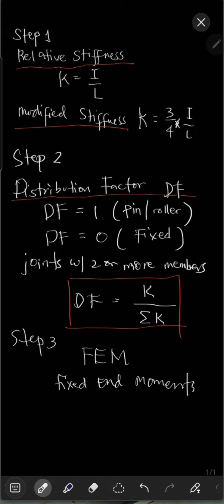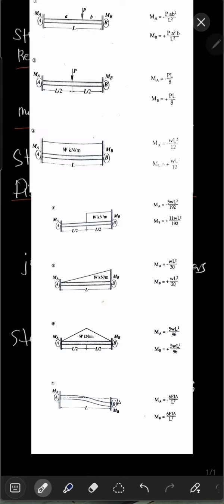So here akong ihatag sa inyo ang different fixed end moments depende sa load, no? Sa load nga gi-apply, applied load. So again, whatever the load is, it is considered that each ends are fixed. Okay, we have formula for concentrated load at a distance A from left.